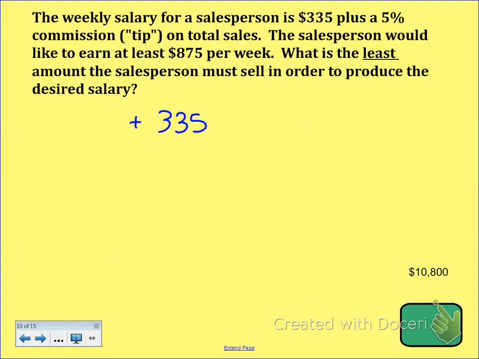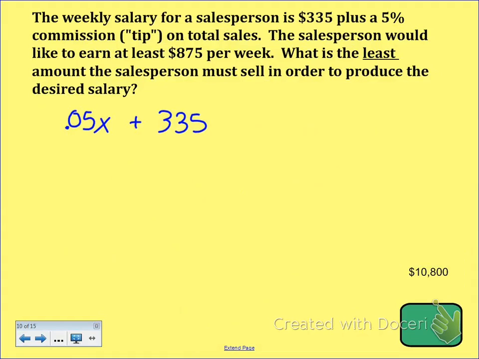Now how do you write percent as a decimal? Exactly. You're going to move the decimal over 2, and it's going to be 0.05 times the total sales. We don't know the total sales. That's what we're trying to find, so that's our variable. So 0.05x plus 335, and we want to make at least $875 per week.